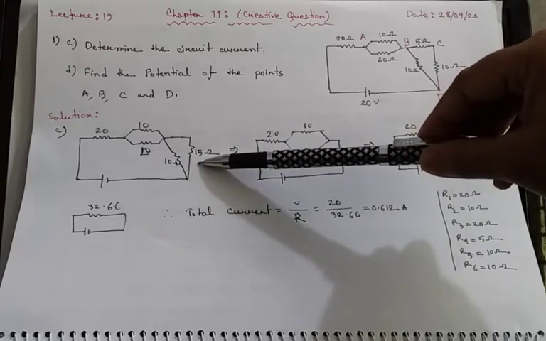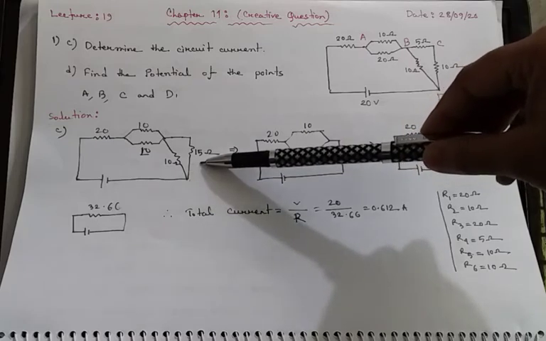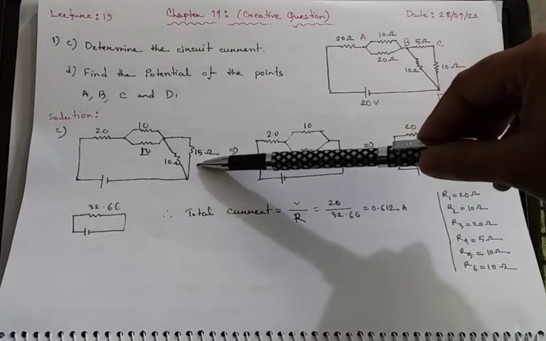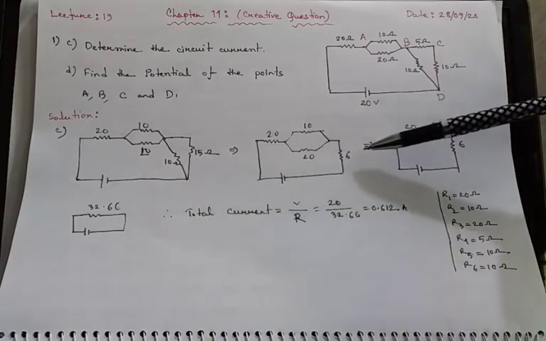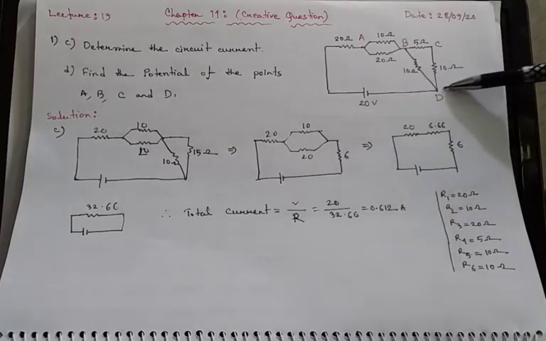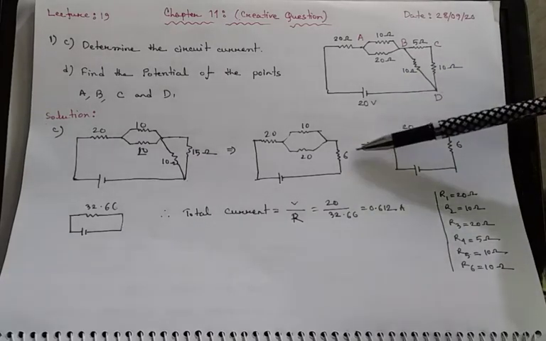All of you know the equations for series and parallel combinations. If we make the parallel combination here, the equivalent will be 6 ohm. So for this branch of the circuit we have got an equivalent resistance of 6 ohm.